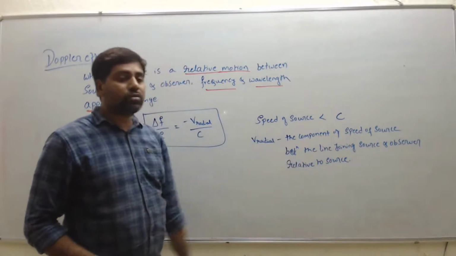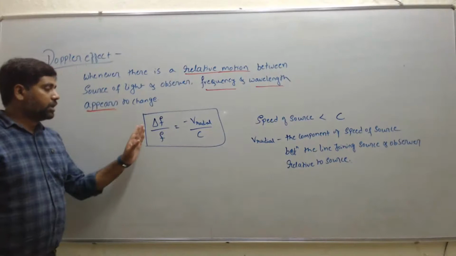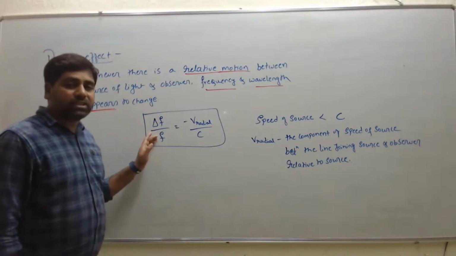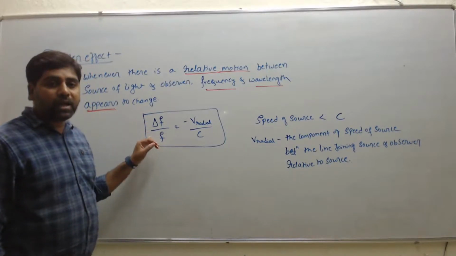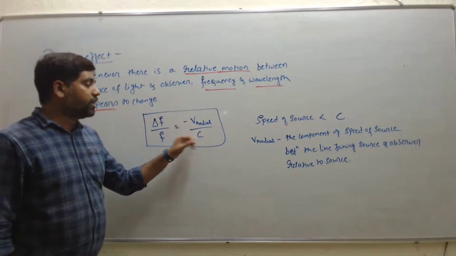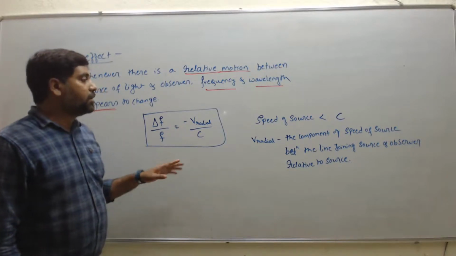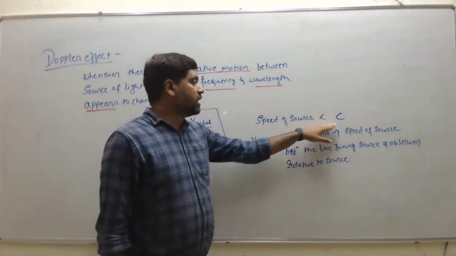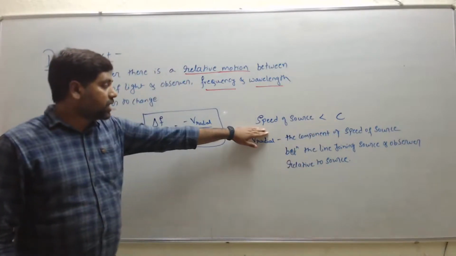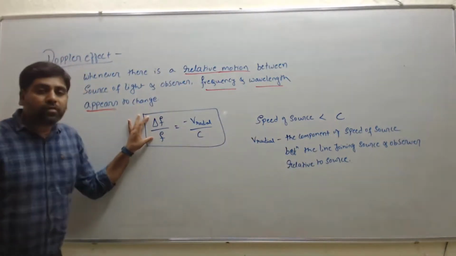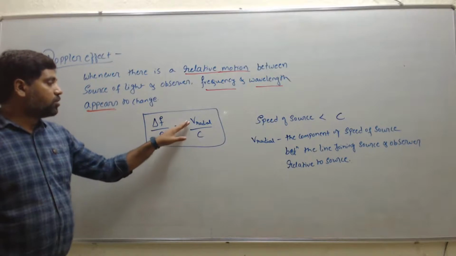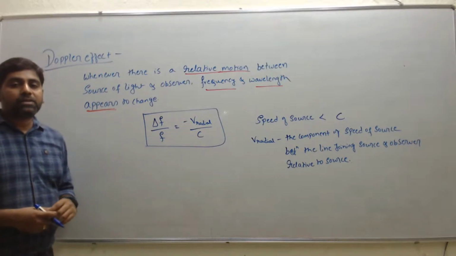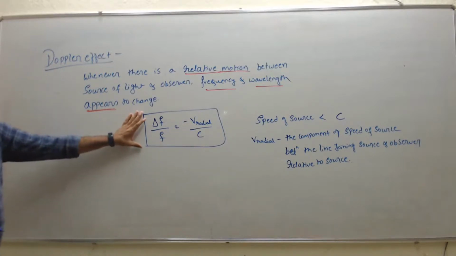That is, the net fractional change in the frequency, delta f by f, equals minus v radial divided by c. For the condition that the speed of source is less than c, we can use the formula delta f by f equals minus v radial by c. So this is the formula for the Doppler effect.